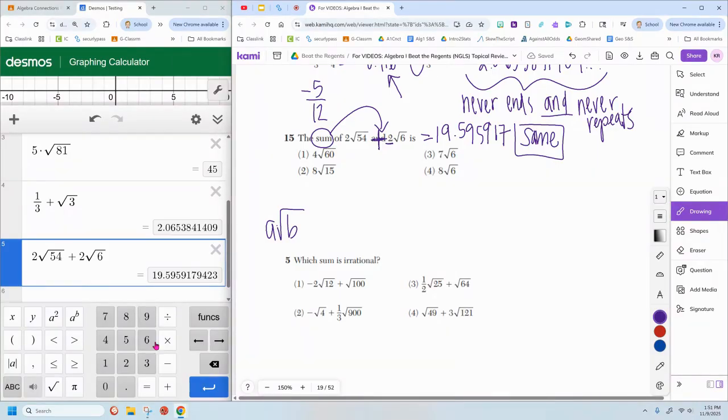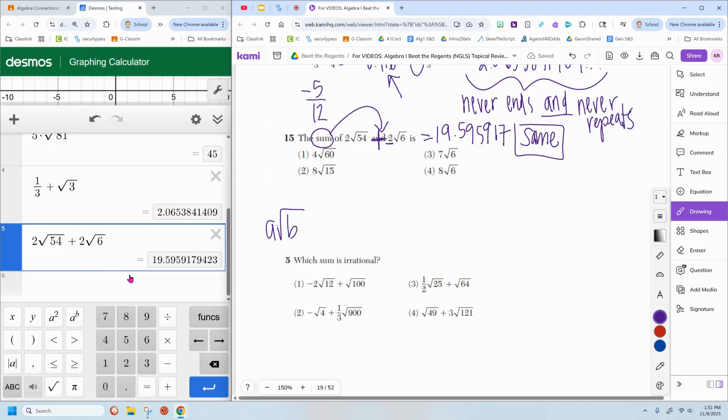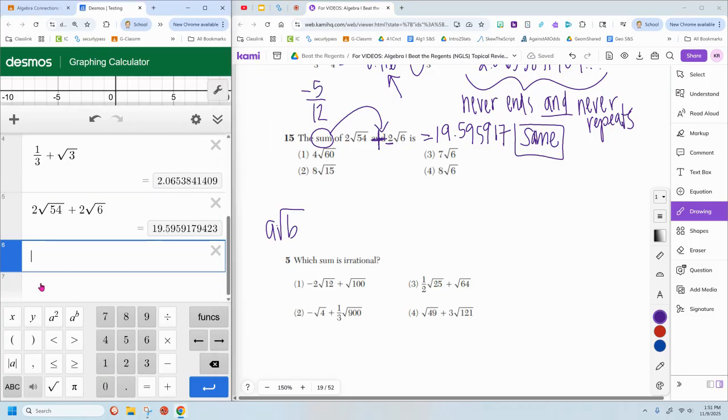So if I go to my next line in my calculator, and I should go ahead and go right here, is 4 radical 60 equivalent to it? And it's not. So this is 30.98, not equivalent. Next one. 8 radical 15.